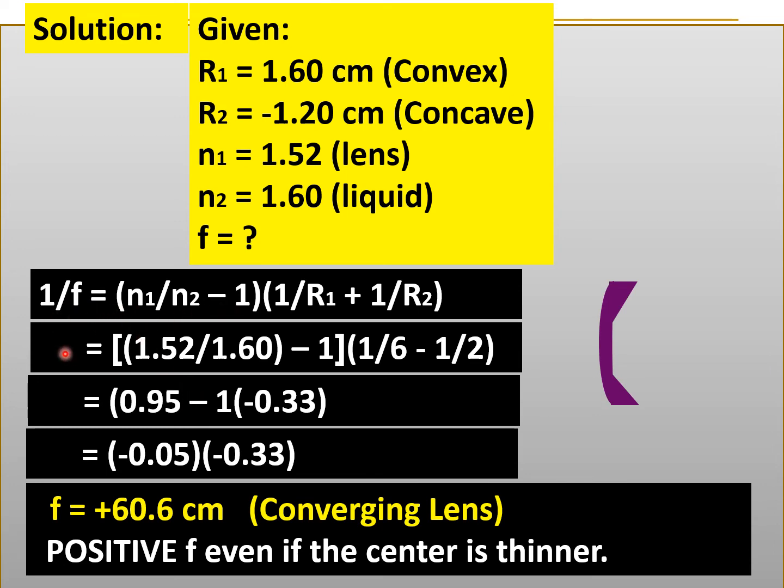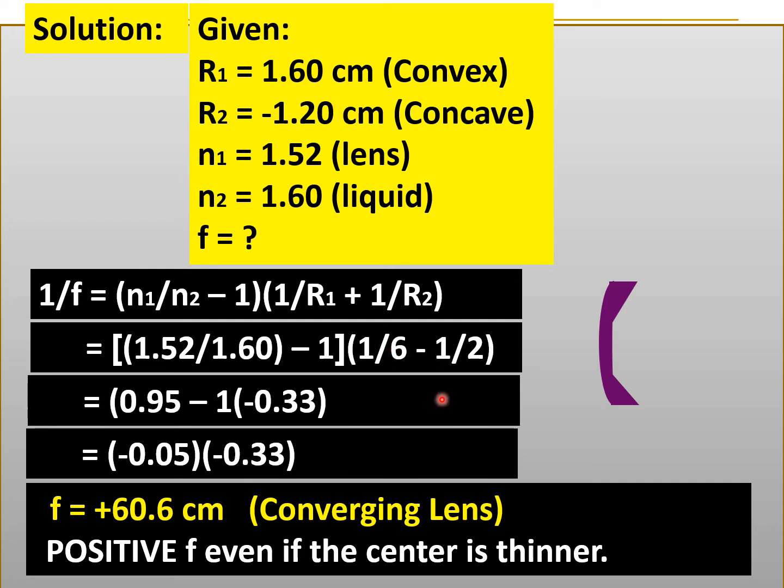Okay, and then substitute. By substituting, we have 1 over f is equal to quantity 1.52 divided by 1.60 minus 1. So before you subtract 1, you have to first get the quotient of 1.52 divided by 1.60. And then, after deducting 1, we will multiply it to the difference between 1 over 6 minus 1 over 2.